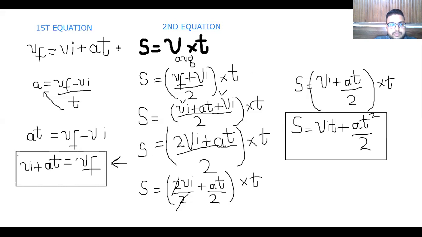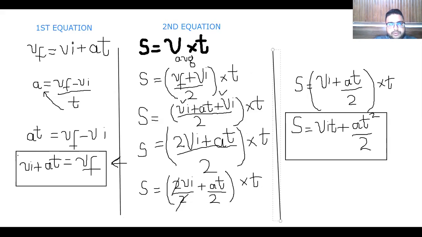Right, so let me also separate them with these lines. First equation, and this one is the second equation, right? These are three portions. Now I need to clear the board for deriving the third equation, so let me erase the things from the board.